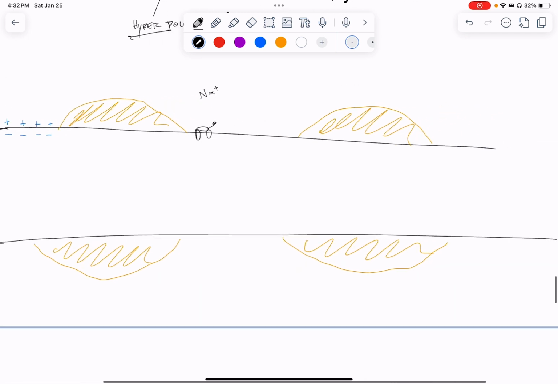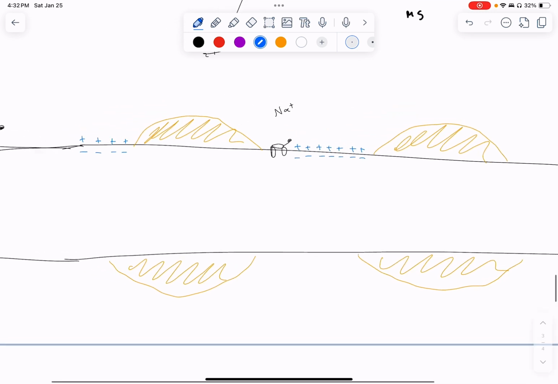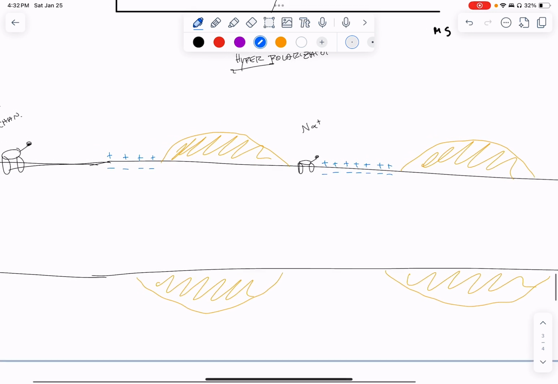So across the membrane, like I was talking about a little bit earlier, you have these potentials, and potential just means having charge.